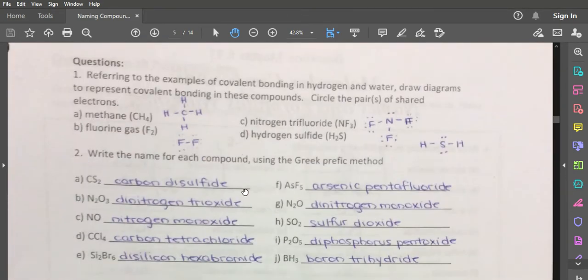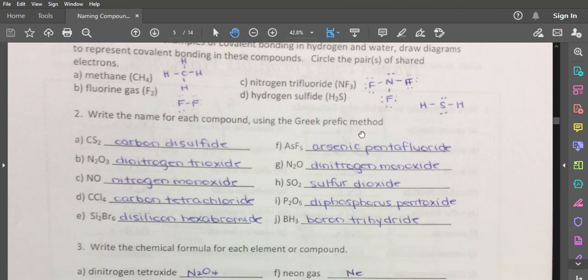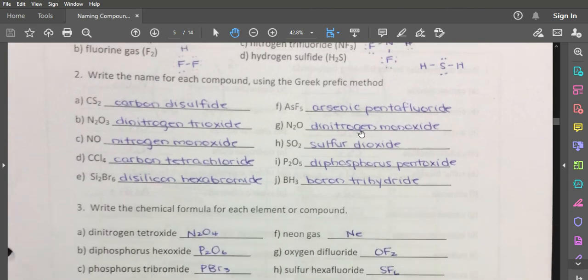I am going to bypass these drawings because we didn't really cover it, but let's give it a go on some other stuff. So just picking things at random, here's something that finally has a number for something out front. So that's when we need to start using a prefix for our first element. Instead of just saying nitrogen, because there's 2 of them, we now have to say dinitrogen.